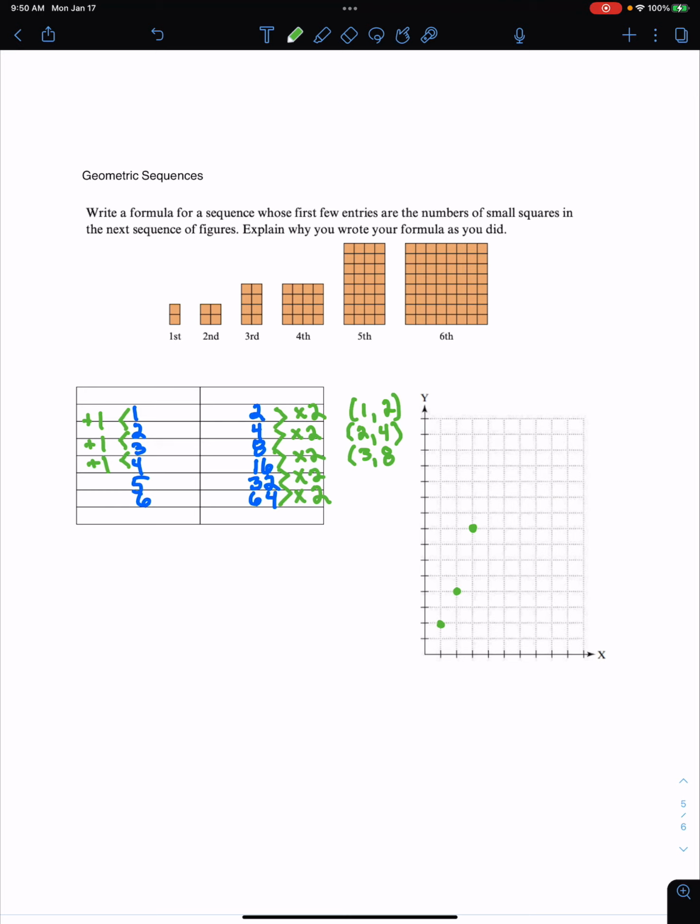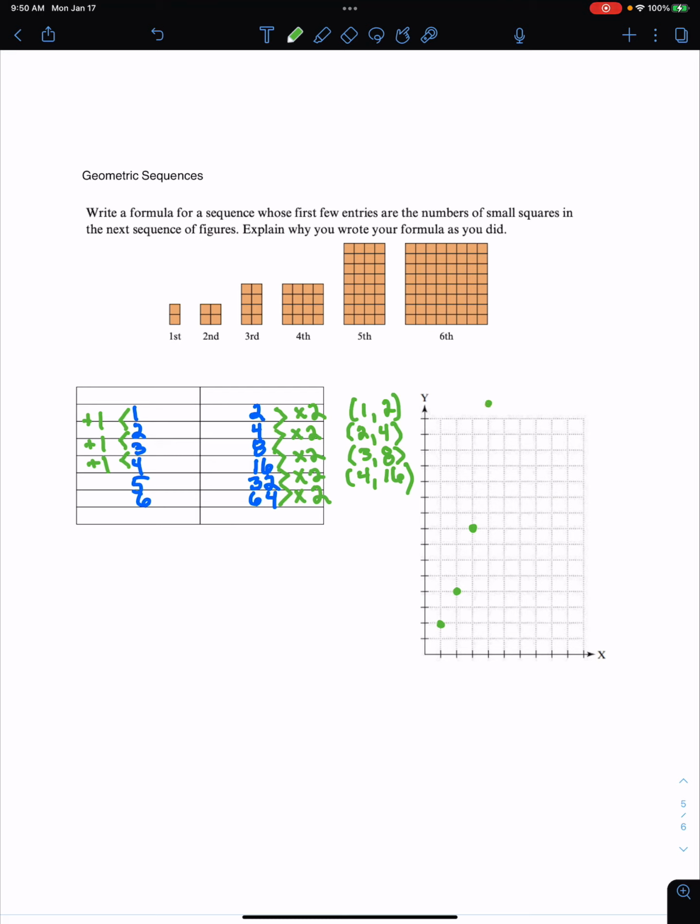We may be able to get to 16. Let's see. Here we go over 4 and up 16. Not sure if I've got 16 boxes here, but let's see. There's 8, 9, 10, 11, 12, 13, 14, 15. I can make a little dot there.